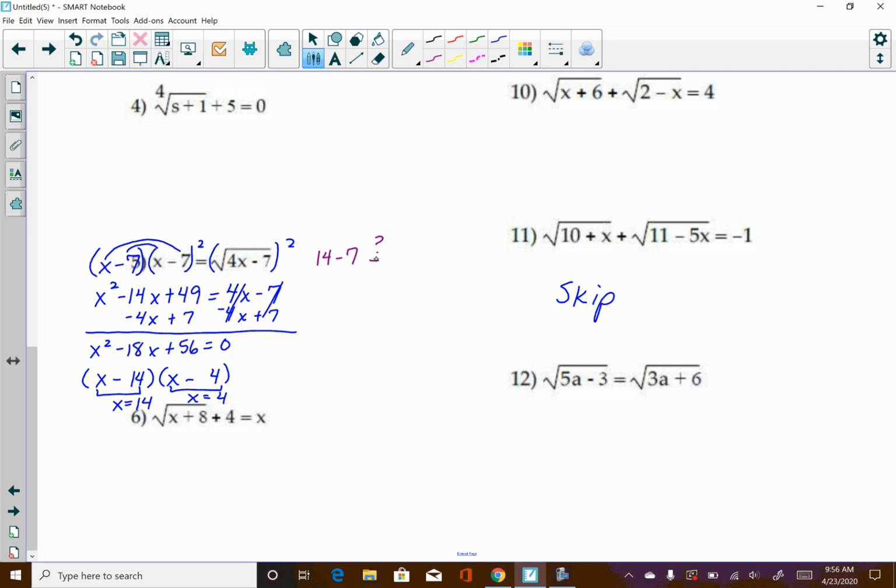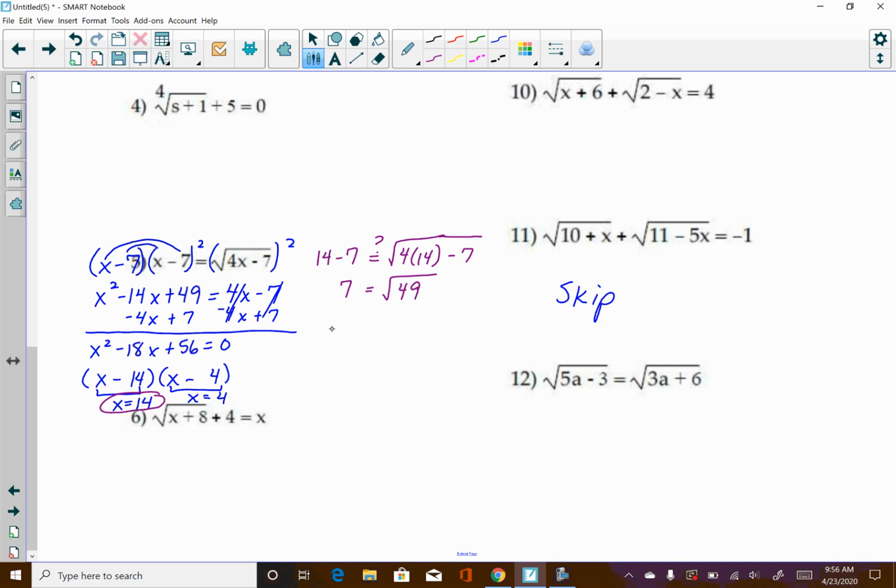Does that equal the square root of 4 times 14 minus 7, all of that underneath the square root? So 14 minus 7, of course, is 7. 4 times 14 is 56. 56 minus 7 is 49. And sure enough, the square root of 49 is 7. So 14 is a solution.